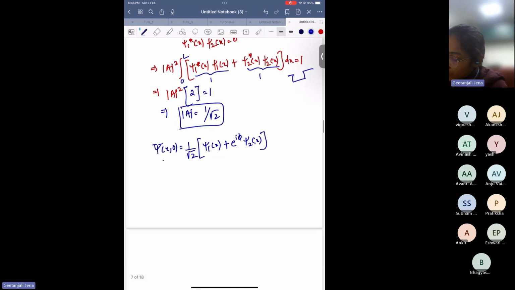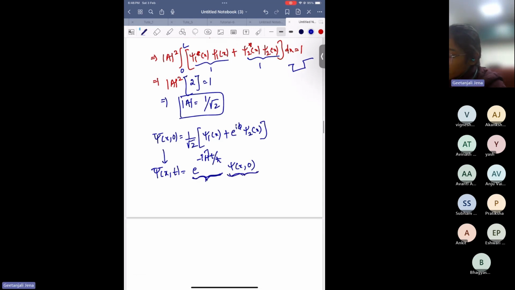Now you have to find the value of this wave function at a later time t. For that we have to apply the time evolution operator, which is given by this form, on the initial state.